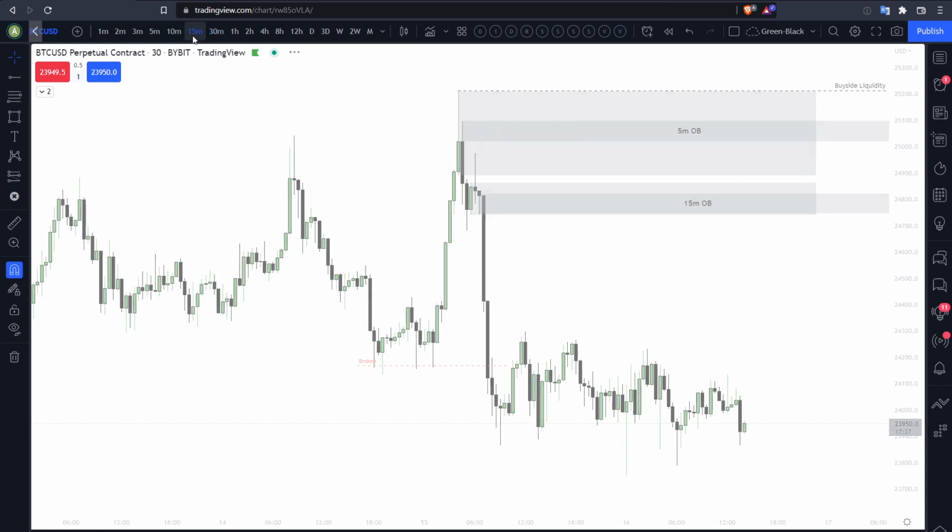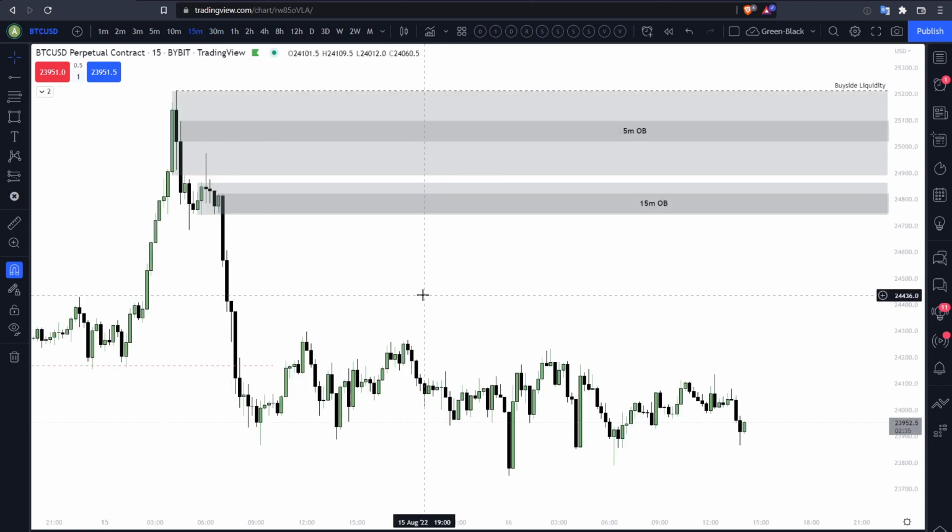Let's drop down to 15 minutes. Now on 15 minutes, we can see that this particular order block was already mitigated. The price went higher, then the price went lower, and the price went higher again.